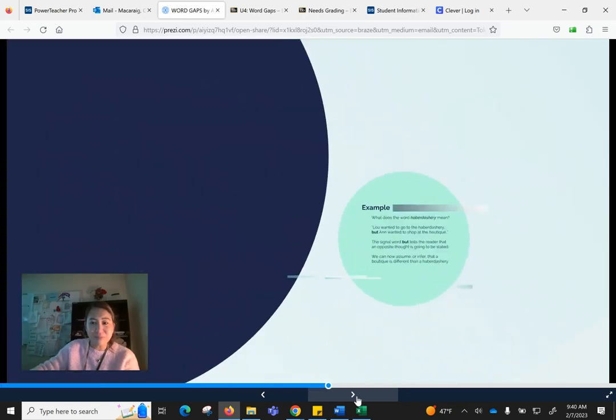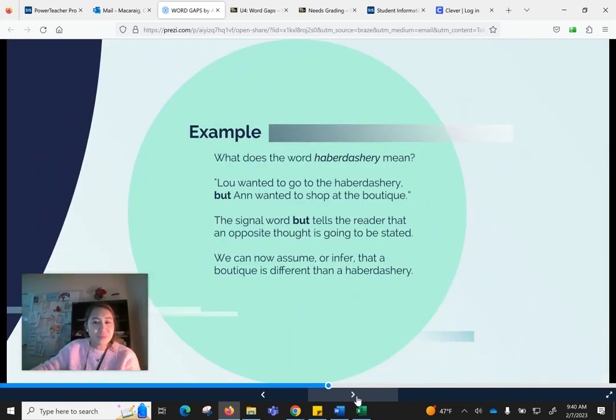Example, what does the word haberdashery mean? Lou wanted to go to the haberdashery, but Anne wanted to go to the boutique. The signal word but tells the reader that the opposite thought is going to be stated. Okay? So therefore, haberdashery is the opposite of the boutique. And what do we know about a boutique?